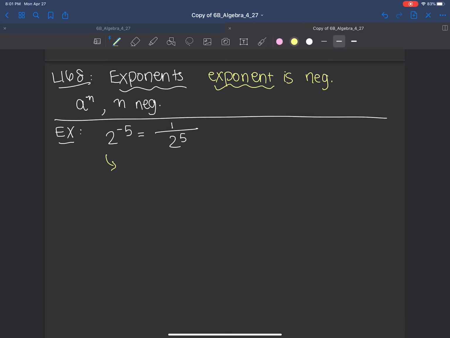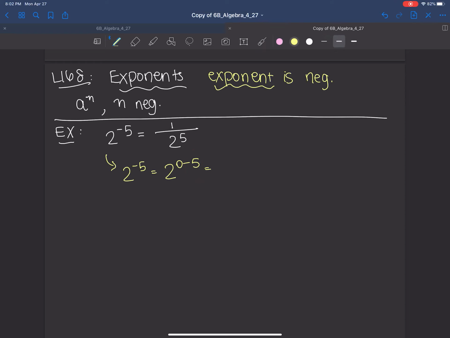Well, I can think of 2 to the minus 5 as 2 to the 0 minus 5. Right? And the reason I'm writing it like this is so I can work with 0, a number that is easy generally, and ideally positive 5.